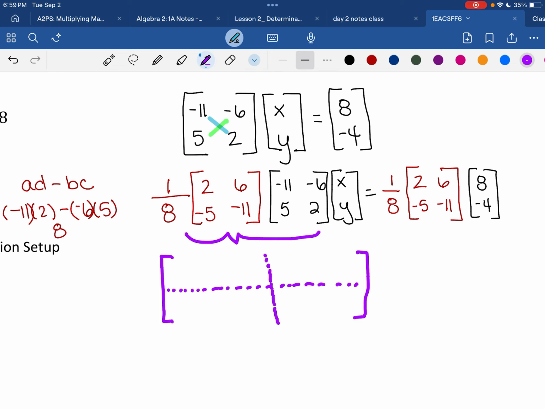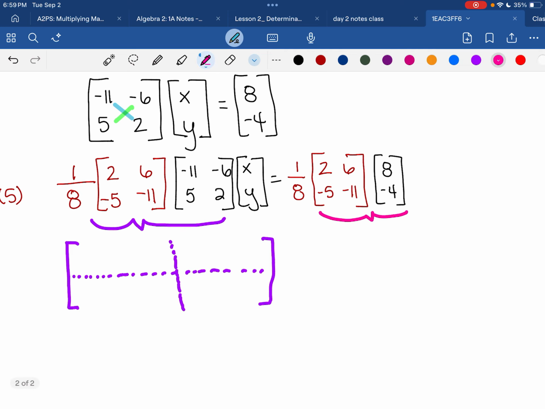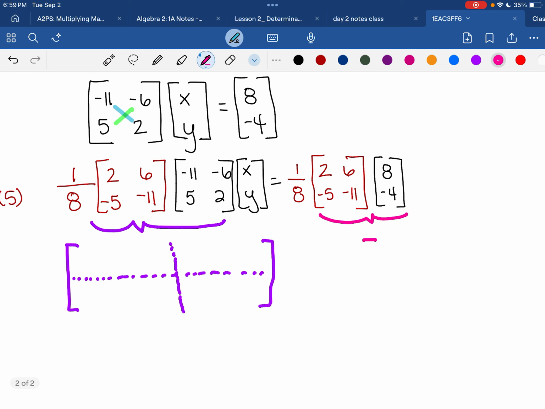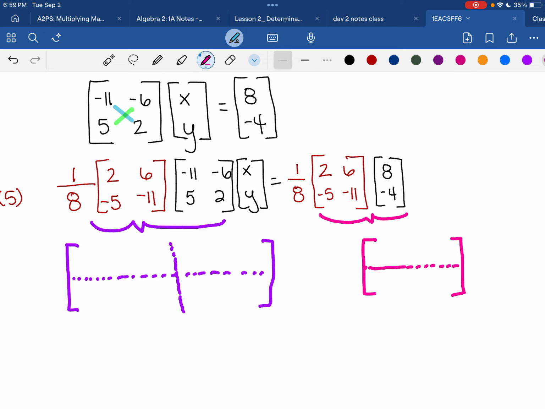So there is my row 1, 2 columns, row 2, 2 columns. And then over here on the other side, I have a 2 by 2 times a 2 by 1. So I'm going to write that over here as well. Don't need as much room, but I'm going to write that out. All right, and this is just a visual thing. So with this, I'm now going to do the math.